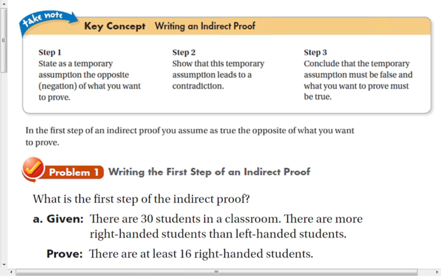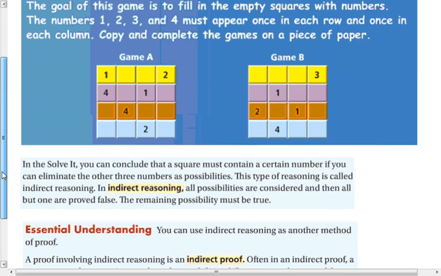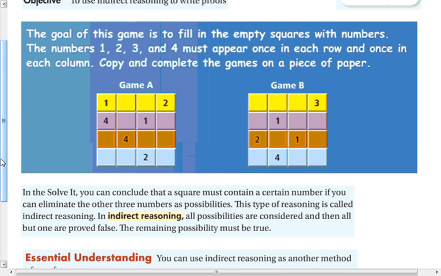All right, we're going to learn how to write indirect proofs. If you look at a problem like this, and these game boards are in your packet, the idea that you use to eliminate possibilities and choose the only one possible is indirect proof.